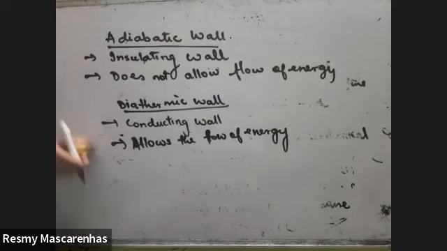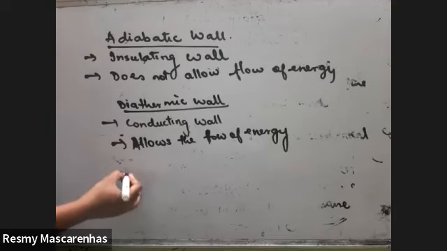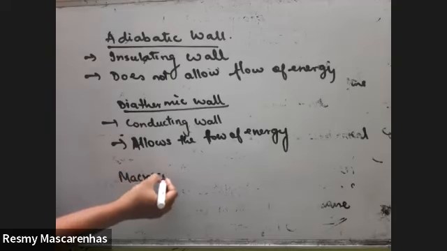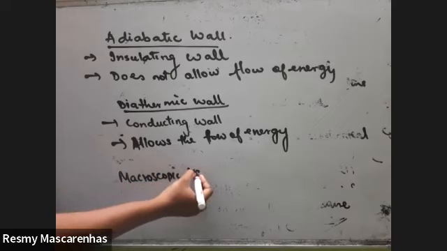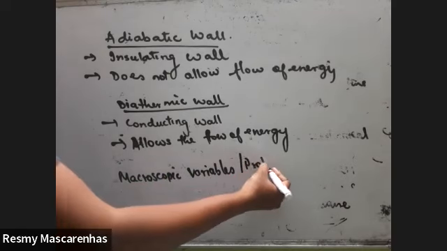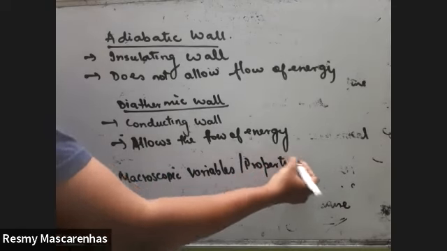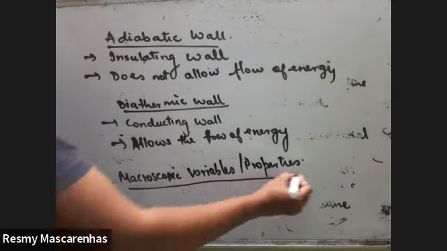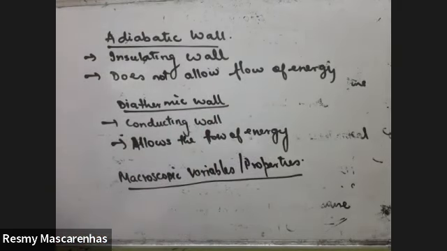Then there's something called, you may come across the word macroscopic, or properties of a substance. What are these macroscopic variables?